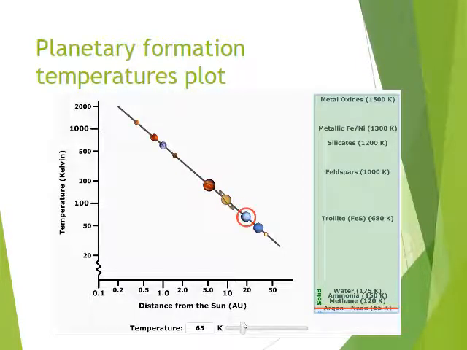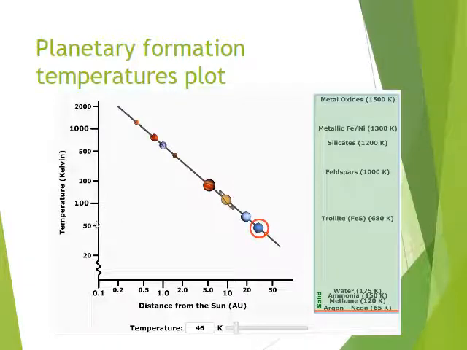Methane here on Earth is natural gas. Methane here on Earth at normal temperature and pressure is always going to be a gas, but farther away, where it's colder, the methane actually forms a solid, and so forth and so on. So now you have a different grouping of building materials from which to build your planets.